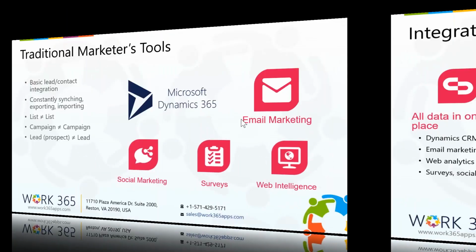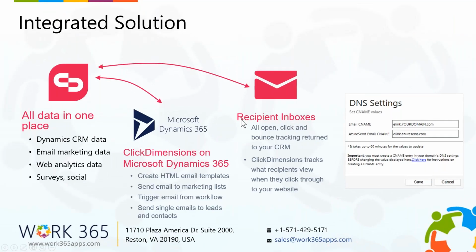So here, this is a traditional marketer's tool set, and Ismail, you can see that. But typically, in the toolbox of a typical company or organization, they have many disparate, siloed data or applications that don't talk. Typically, you'll see that they have to import and export lists and sync data.